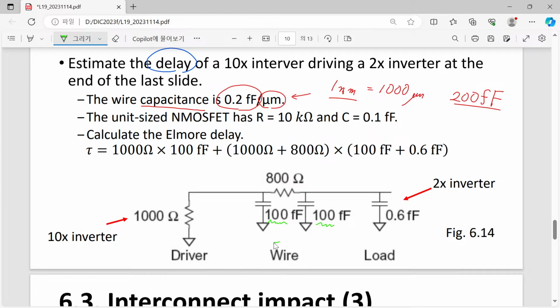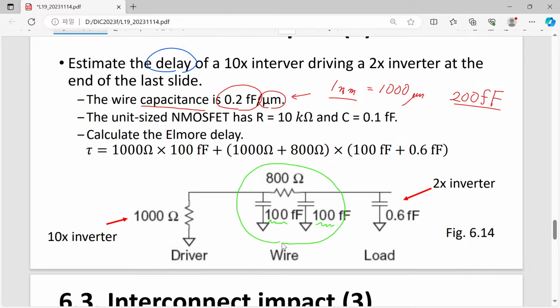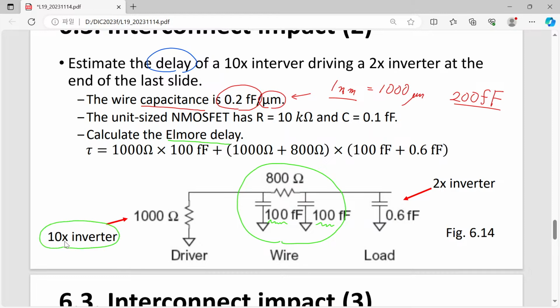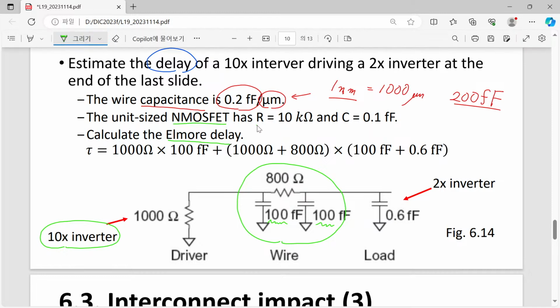Yes, now the wire is done, and in order to calculate the Elmore delay, we must consider the contribution from our inverters. This driver is given as 10 times the inverter, and we assume that the N MOSFET has R equals 10K ohm.